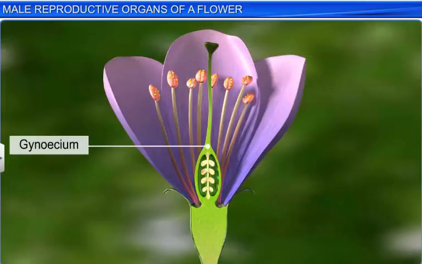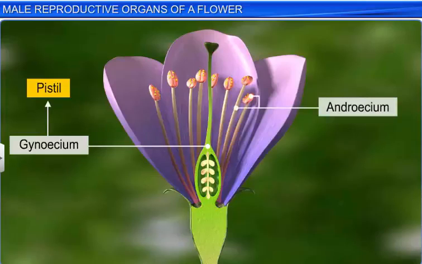The gynoecium, on the other hand, which consists of one or many carpels or pistils, represents the female reproductive part, whereas the androecium, which consists of a whorl of stamens, is the male reproductive part of the flower.